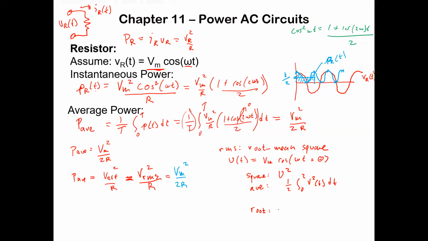So you take the root of it, and you get basically the definition of RMS, which is the square root of 1 over t times the integral from 0 to t of V squared of t dt. Okay, so we call that root mean square.